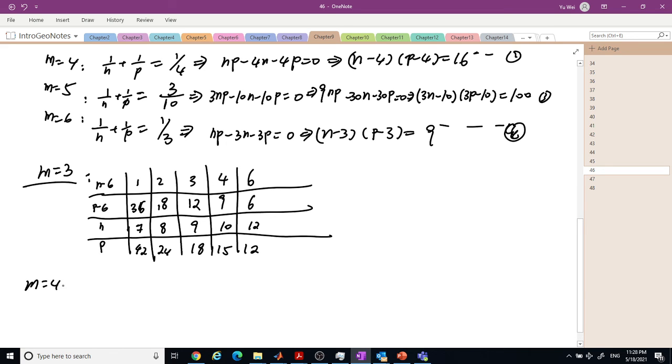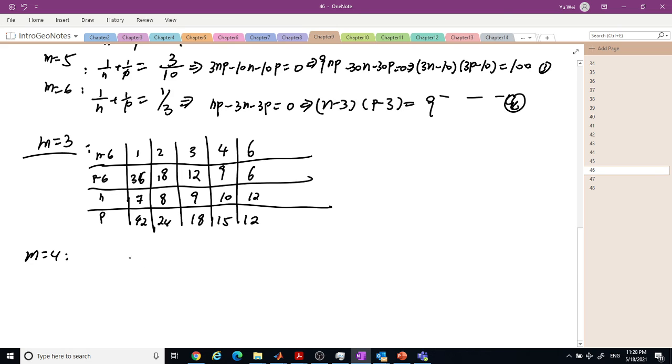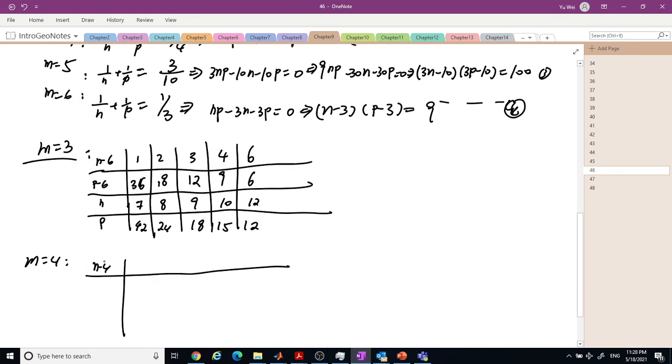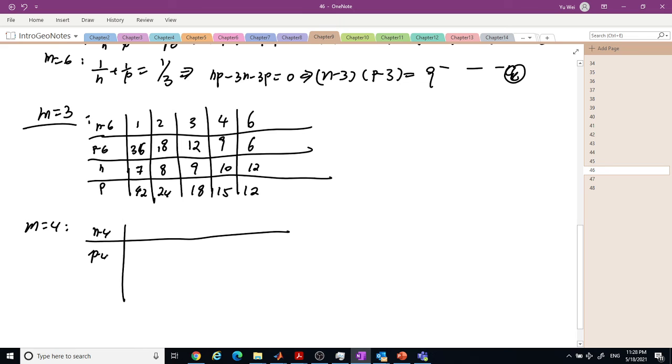Now m equals 4. Same thing, we need to build a table. Then it's n minus 4 and p minus 4, and then the n and p.